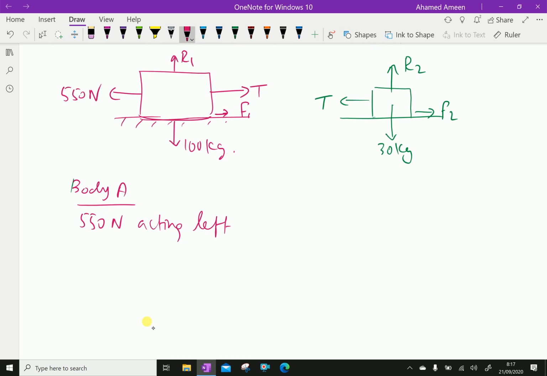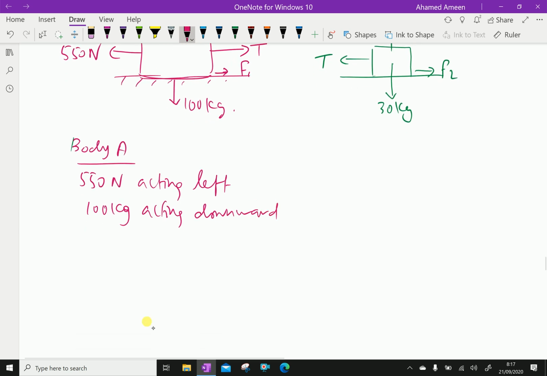Mass 100 kg acting downward, reaction R1 equals mg.